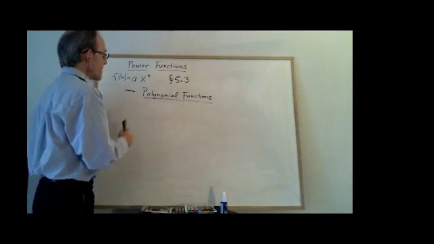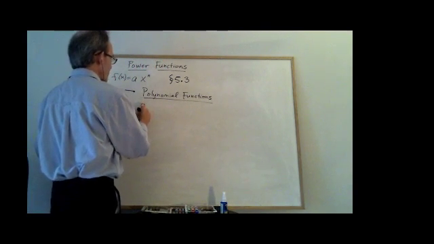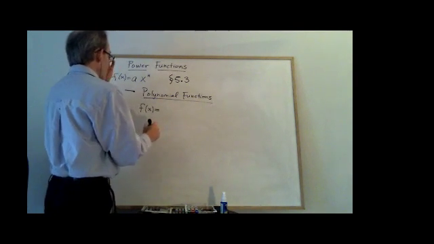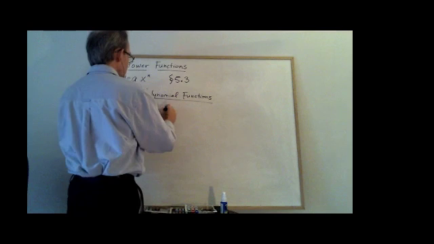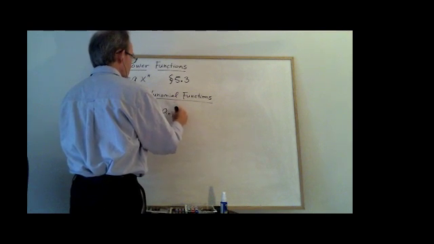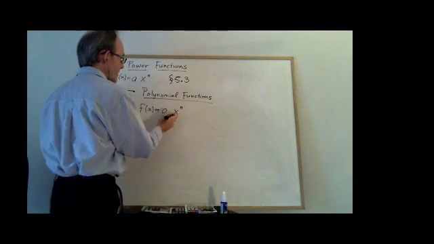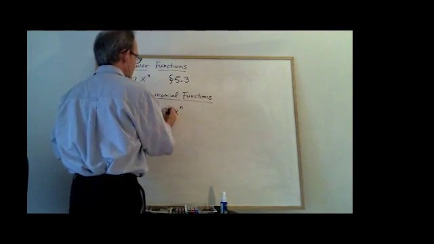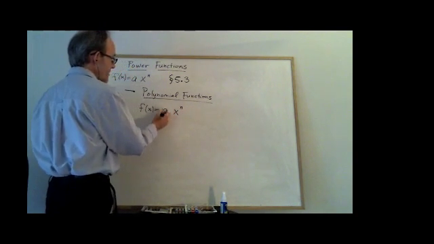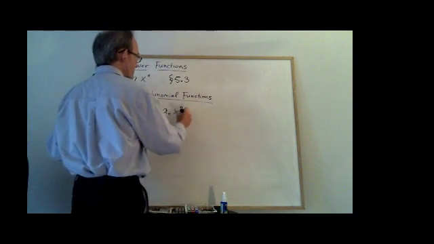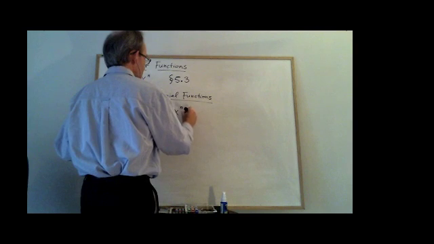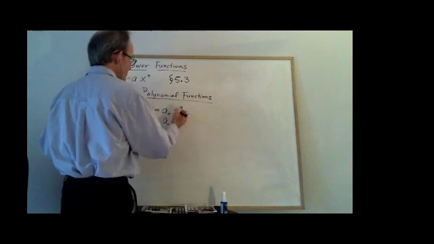So polynomial functions are functions of the form, in general, where you have a leading term a_n times x to the power n. A sub n is just the name of the coefficient, and a_n has to be non-zero for some n.